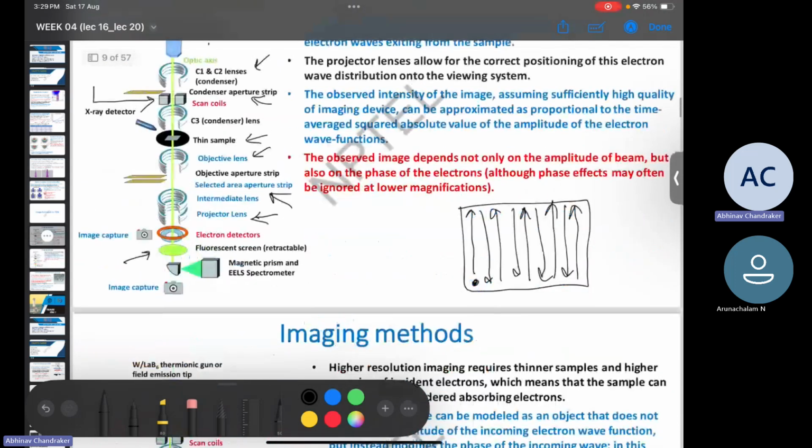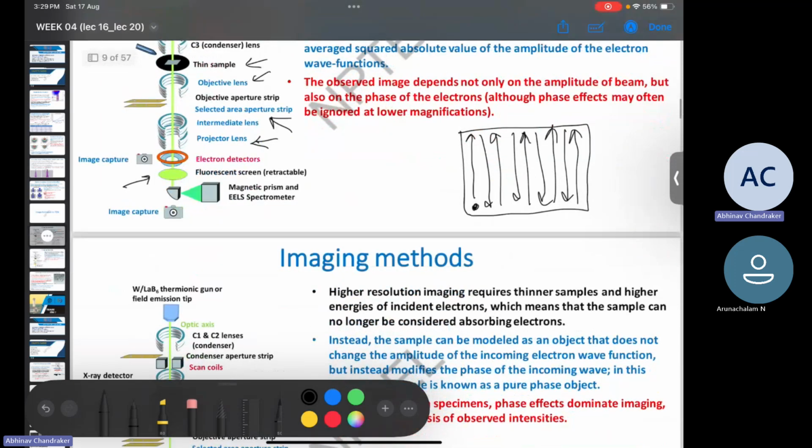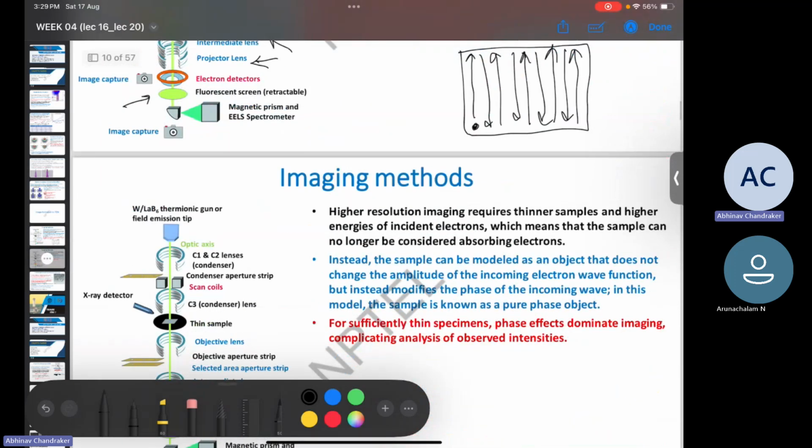Now that we have understood the arrangement of the components, let's try to understand how the imaging occurs in TEM and how we are able to generate contrast, which is the basic requirement when you are doing any kind of imaging or microscopy.